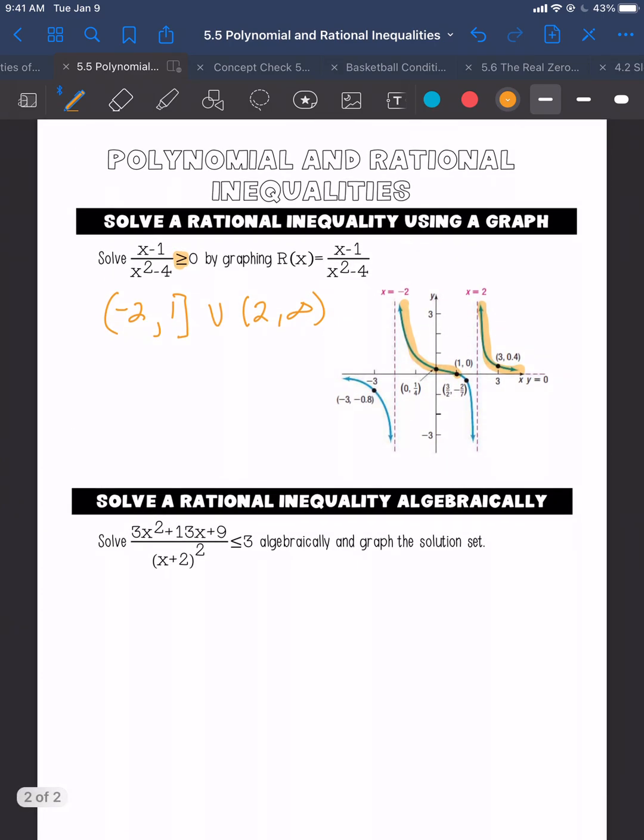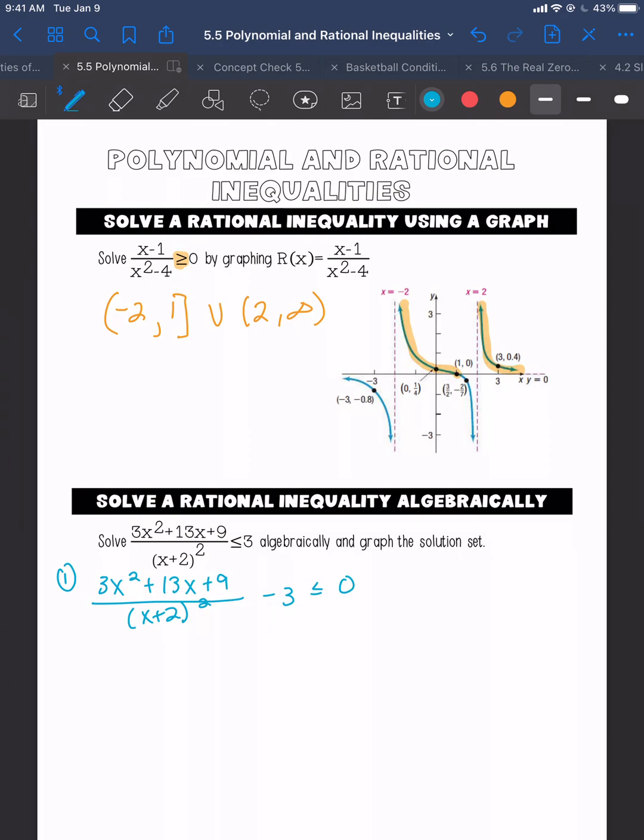And last one here, solving a rational inequality algebraically. First thing we need to do is get 0 over there on the right-hand side. So this would be (3x squared plus 13x plus 9), all divided by the quantity (x plus 2) squared, minus 3, less than or equal to 0.